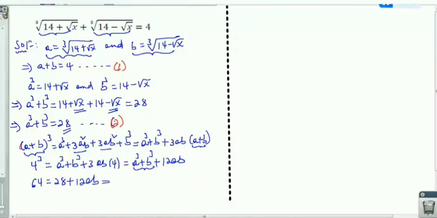This implies 64 minus 28 equals 12ab, so 36 equals 12ab. Dividing both sides by 12, a times b becomes 3. Call this equation number 3.